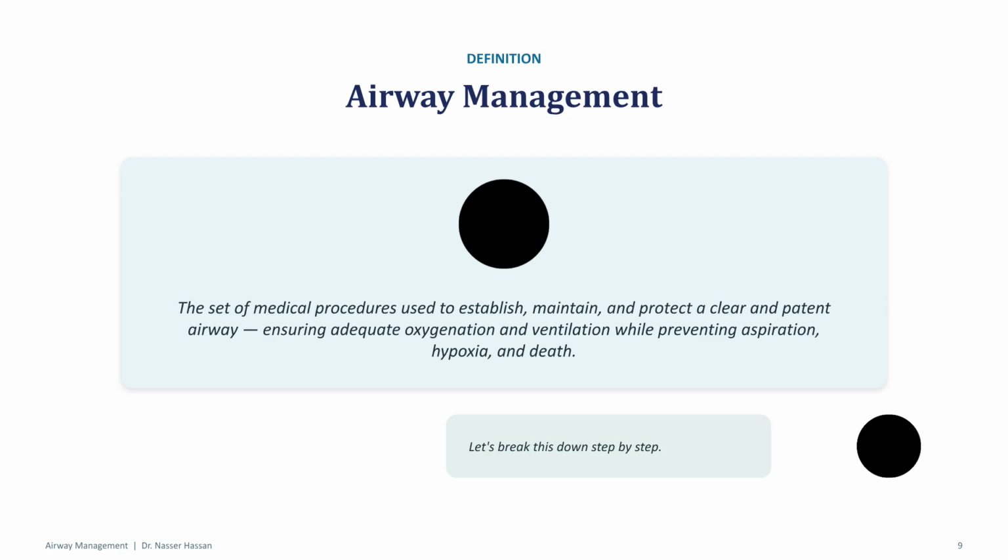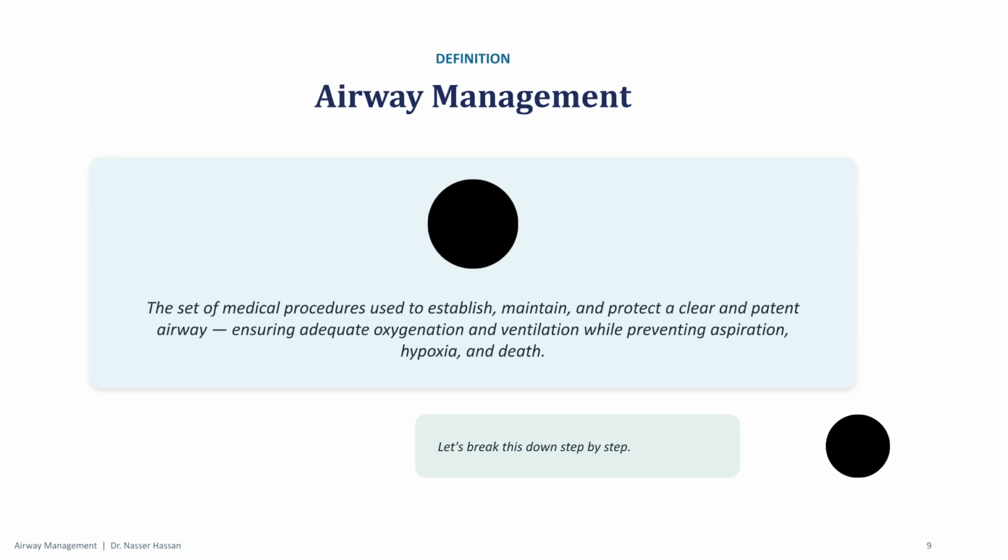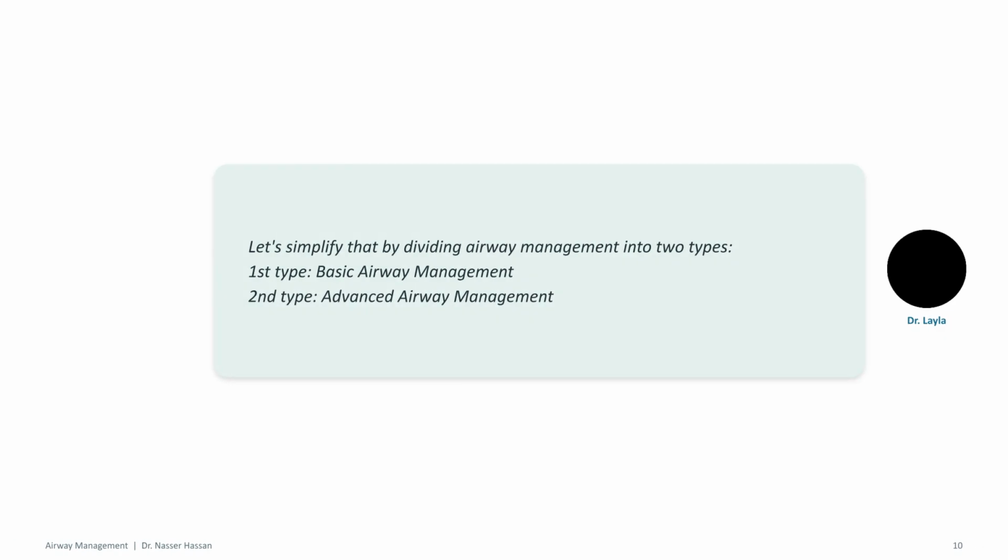Airway management involves the procedures used to establish and protect a patent airway, ensuring proper oxygenation and ventilation while preventing serious complications. To simplify this, we categorize these procedures into two types: basic airway management and advanced airway management.